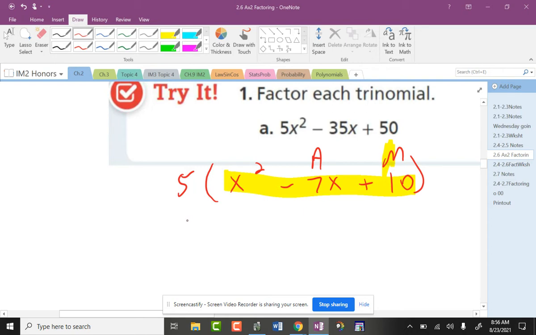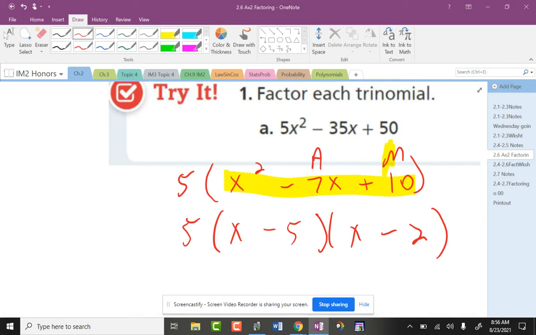So then what do these factors become? One of them's going to be x minus 5, and then the other is going to be x minus 2. Can I switch those? Like in the order? Yeah. x minus 2 first and then x minus 5? Yeah, absolutely. You can't switch 5 minus x, though. Okay, so that's the point there.